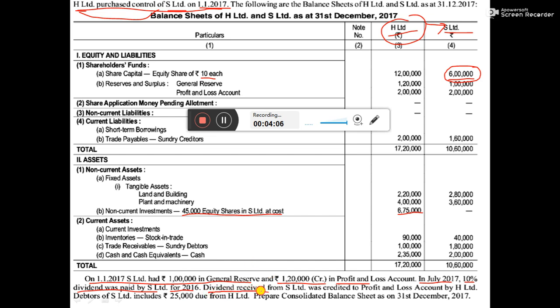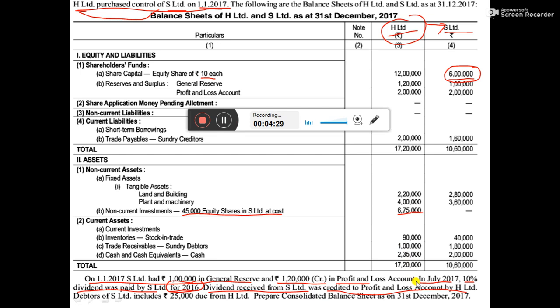Dividend received from S Limited was credited to profit and loss account. Is this correct? If the dividend is given from post-acquisition profit, should it be credited to profit and loss account or not? We have to check that.